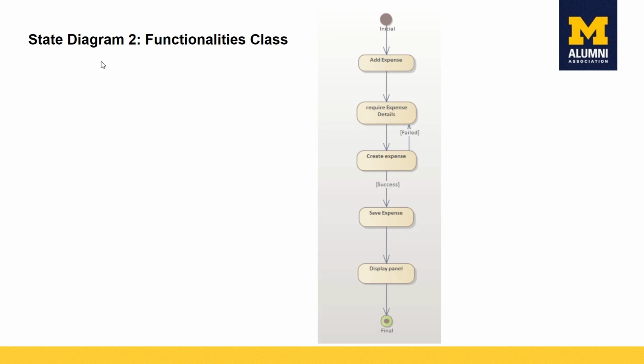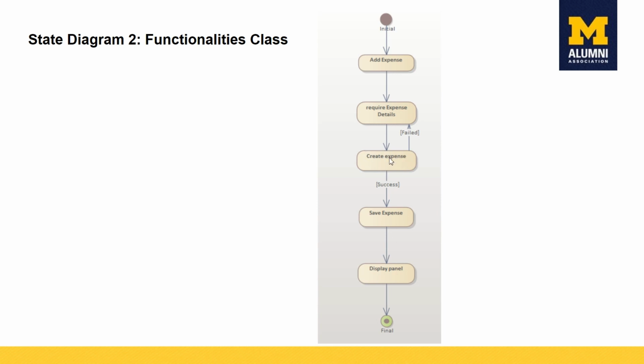The other state diagram is for the functionalities class. So let's say the user wants to add an expense. It's going to start here. The user wants to add an expense. It's going to be sent, and they will be asked to fill in the expense details. If that worked, the software will try to create this expense.